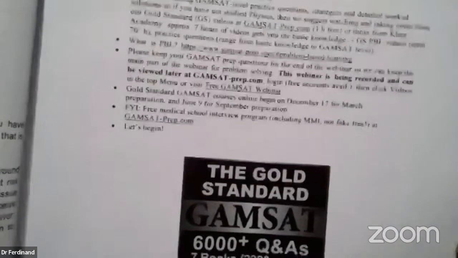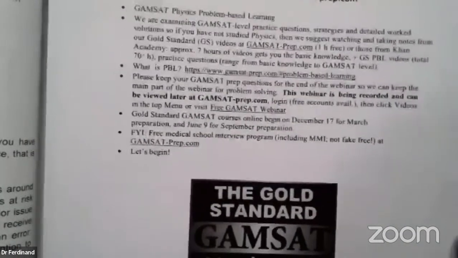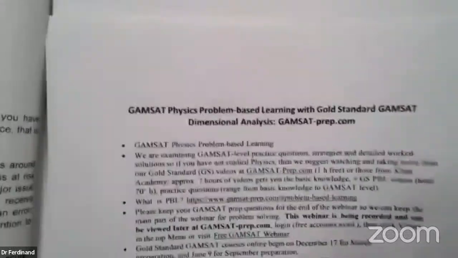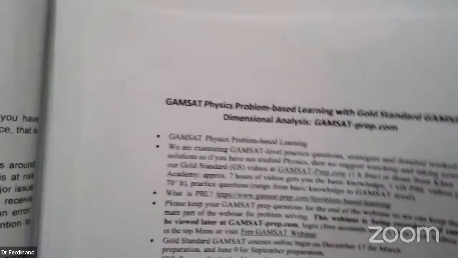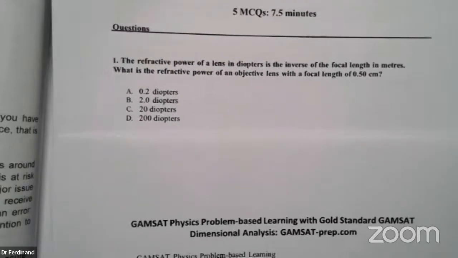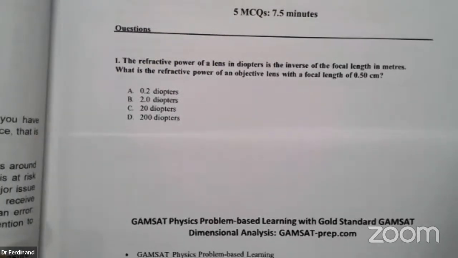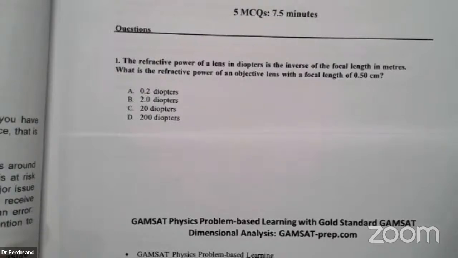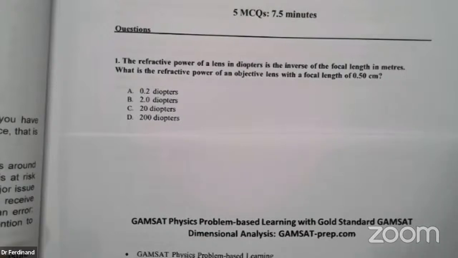But right now, we're going to start with the second page of your handout. And that's where the multiple choice questions begin. And the current timing of the exam is that you have 2 minutes for each multiple choice question in Section 3.